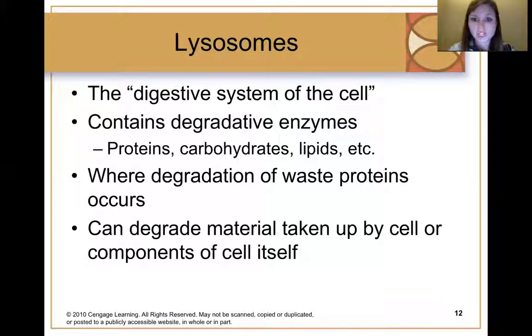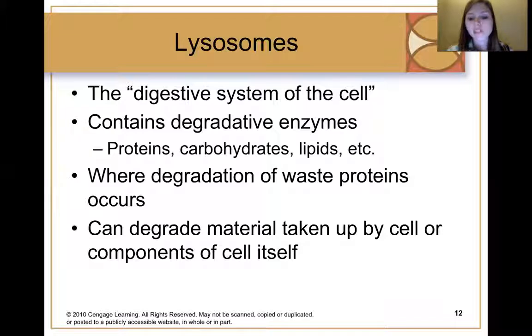The lysosomes are going to take care of that. So that's where the degradation of waste proteins occurs. So remember I said you can't go back from protein to RNA. So when a protein is no longer needed, or if it's old, or if it was made incorrectly and it's not functioning properly, the lysosomes will degrade that protein.